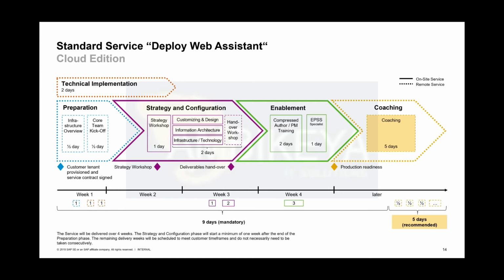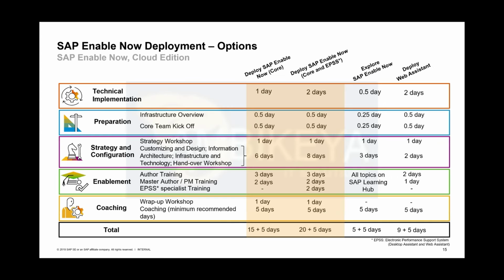So then again, table-wise, just to see the cloud and on-prem differences, the only difference that takes place here is in the upper technical portion, where we simply add a day or half a day to the on-premise to get on-premise related things done. But the rest is the same.